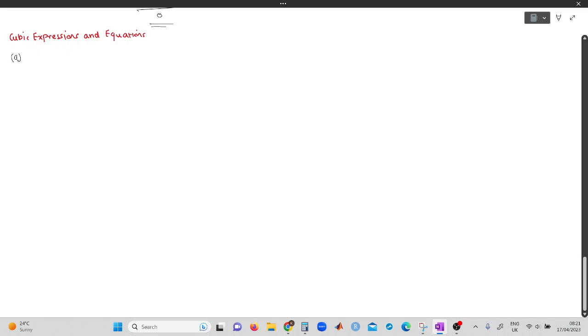Donc, tout simplement, soit factorize 2x cubed minus 3x squared minus 18x minus 8 equals to 0.